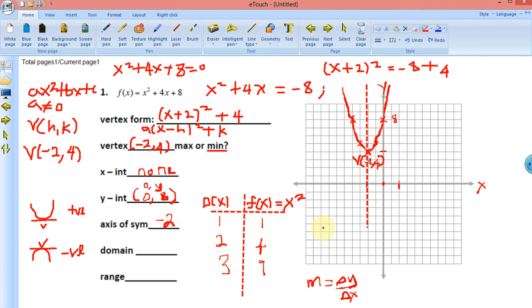Then the domain, the possible values of x. It's a set of x values. If you look at this graph now, if I keep plugging in, I can put x equals, from here we have -2, so to the left-hand side, that will be -3, -4, -5, -6.